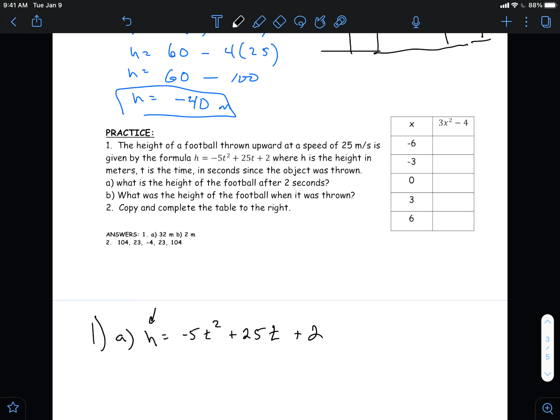We evaluate for h. We want to find h when t equals 2. Same as the last question, just a little more complicated.